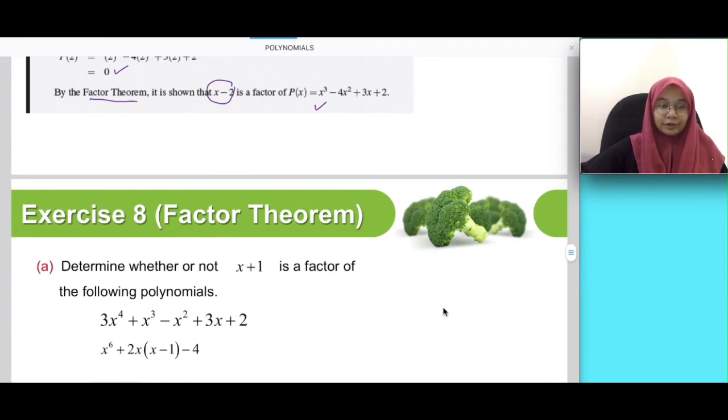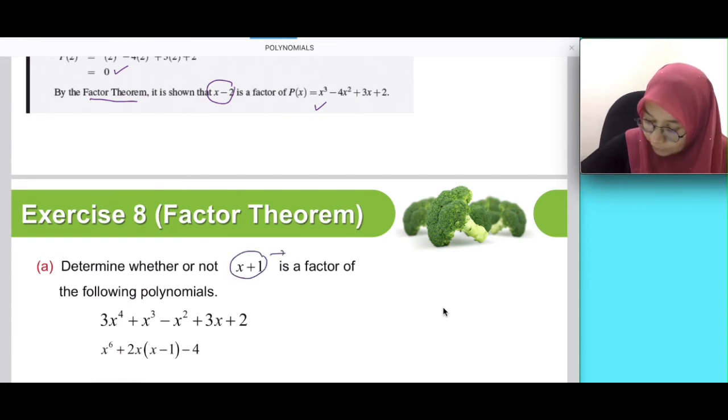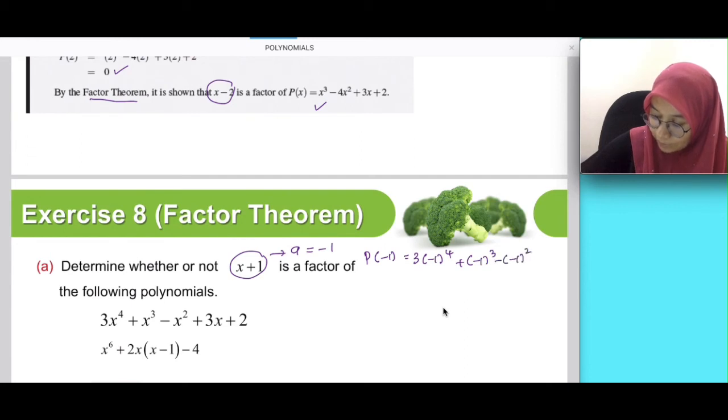Determine whether or not x plus 1 is a factor of the following polynomial. Okay, x plus 1. So here a is equal to negative 1. So we put P(-1), it will become 3 times negative 1 to the power of 4 plus negative 1 cubed minus negative 1 squared plus 3 times negative 1 plus 2. Negative 1 to the power of 4 is positive.